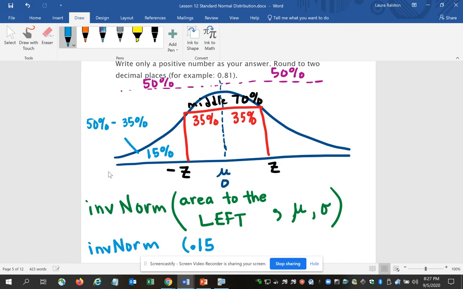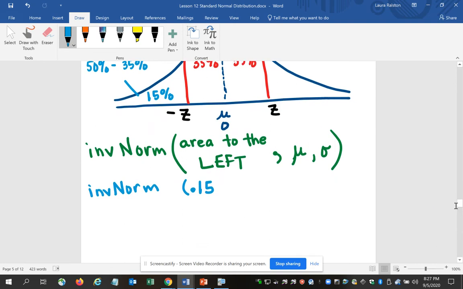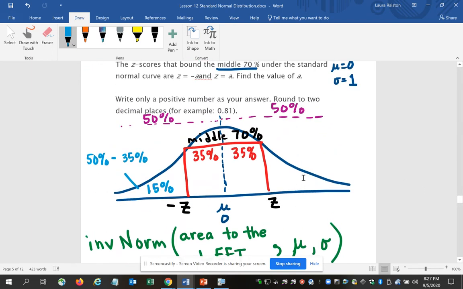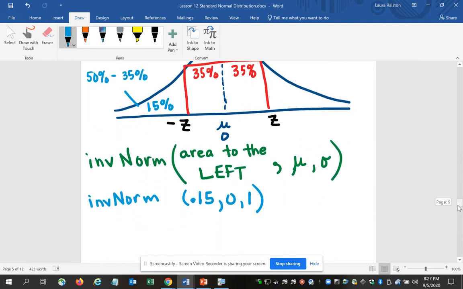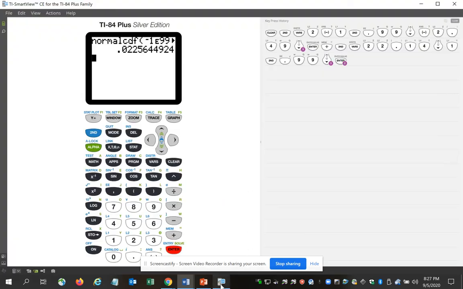If this negative z is my cutoff score, the area to the left is that 15%. So we would do inverse norm, 0.15, mean of 0, standard deviation of 1. I know it's a little tricky here, guys, but this is the way that the calculator is programmed. You have to give it the area to the left. This just happened to be the next question in line in the assignment, but to me it's kind of a hard one to start with.